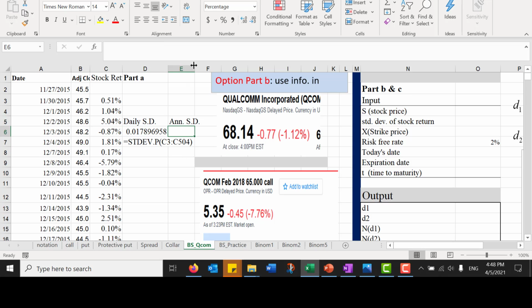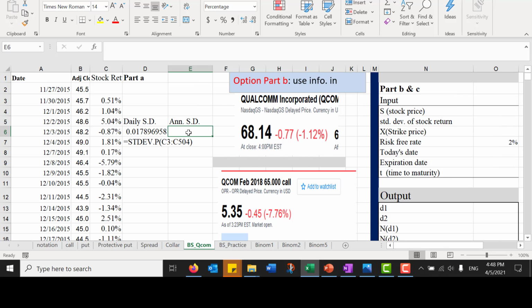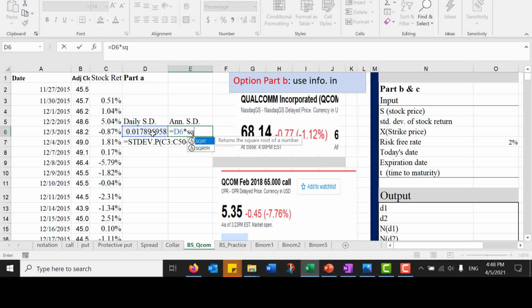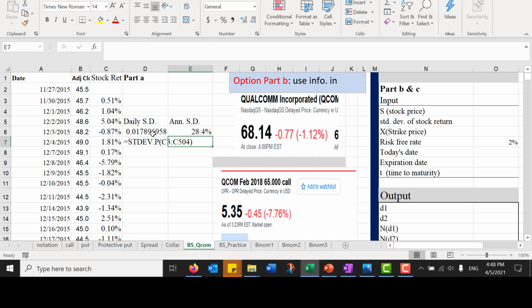For the written call, we will use the $2 premium first, then look at the max function, 0 and stock price minus strike. Okay, so you can also add up the total.